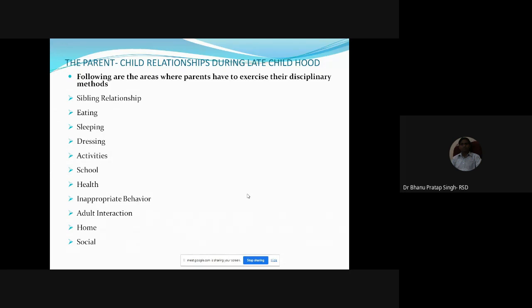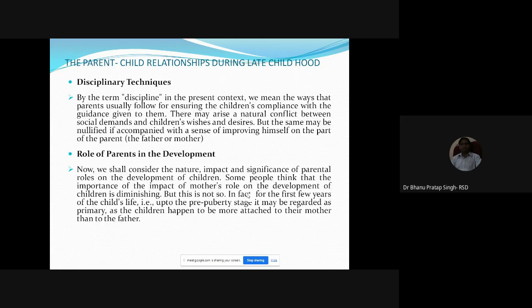So these are the areas where parents' roles become important. Parents may use disciplinary techniques to save the child.